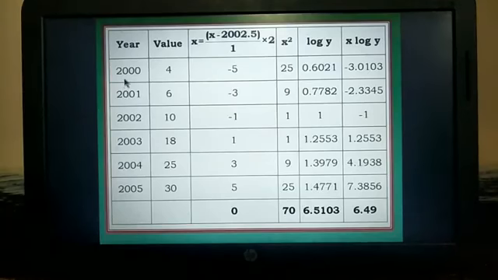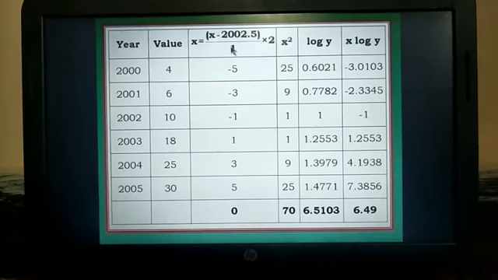One example: if 2000 is substituted here, 2000 minus 2002.5, what will it become? Minus 2.5. Am I correct? Because the bigger value is being subtracted, 2000 minus 2002.5 will become minus 2.5.